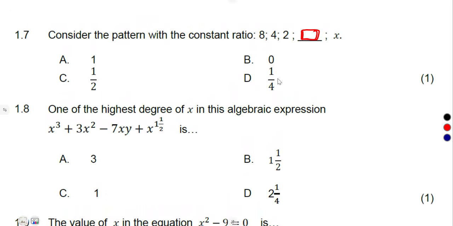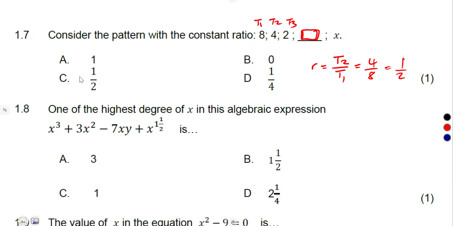Let's say you determined the ratio because they talked about a constant ratio. Someone can say this is T1, T2, T3, because there's no question. So you can use the constant ratio concept: term 2 over term 1, the second term to the first term. So it's going to be 4 over 8, which is actually 1 over 2.